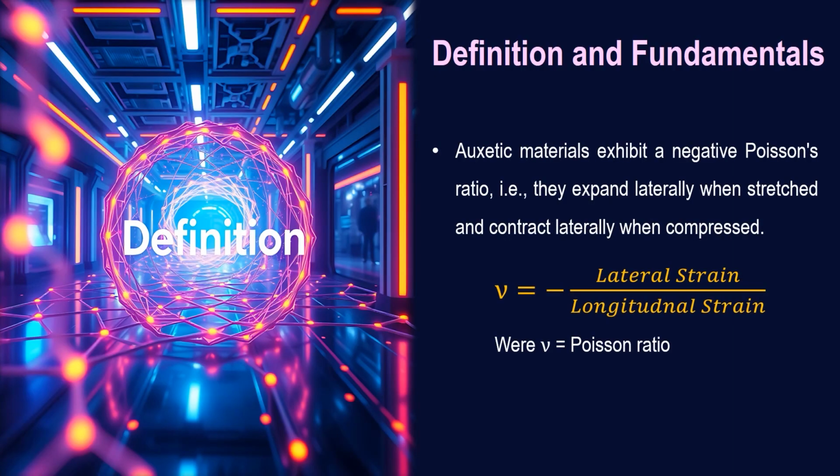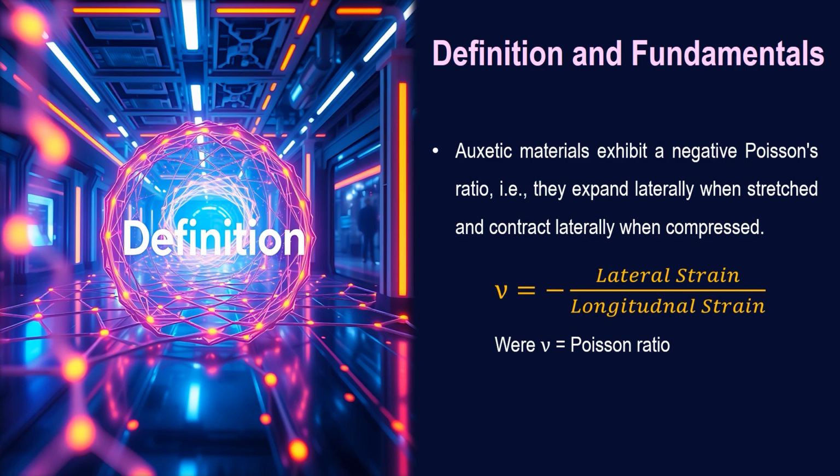So, by definition, the exotic material exhibits a negative Poisson ratio, and they expand laterally when stretched and contract laterally when compressed. For understanding of the Poisson ratio, this is the lateral strain to the longitudinal strain.